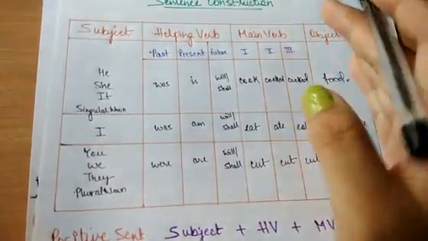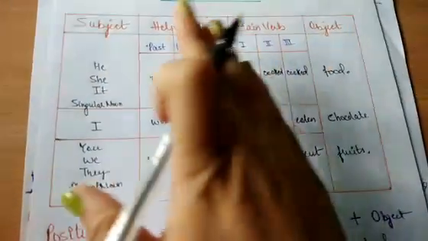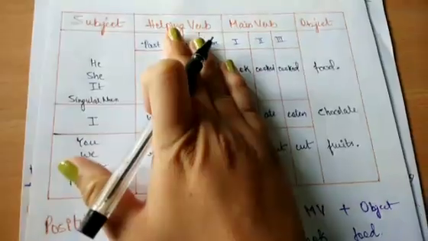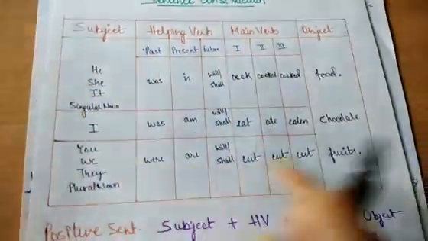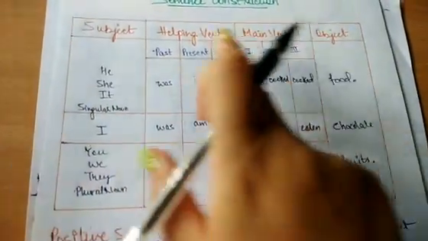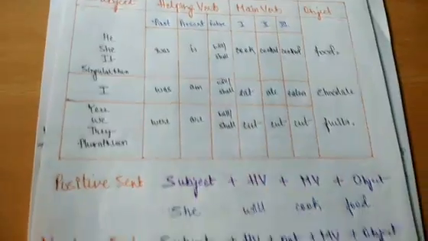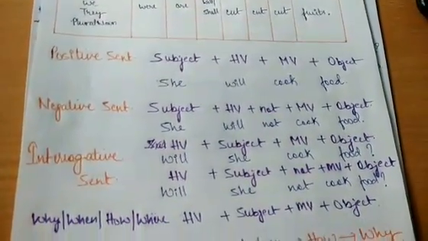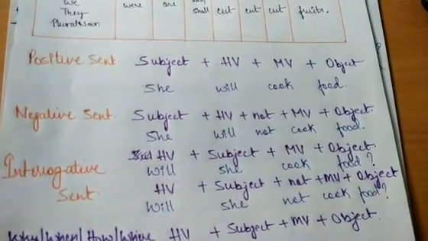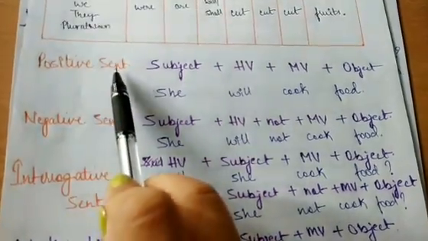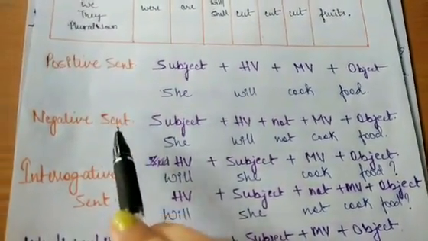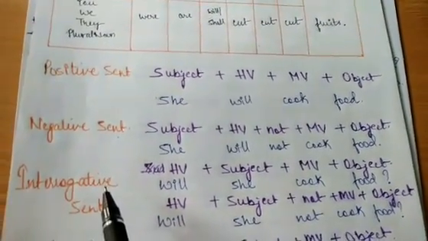A sentence can have subject, main verb, object, but not the helping verb, and so on. But this is the basic structure of a sentence. Then we studied the three types of sentences: positive, negative and interrogative.